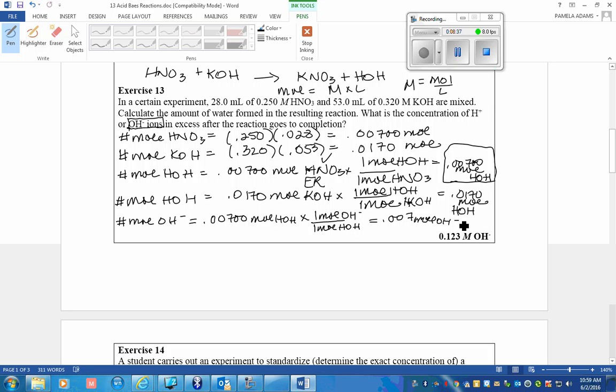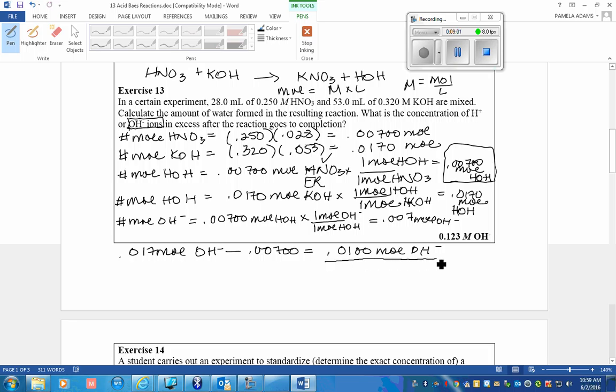So we started out with 0.017 mole of the hydroxide ion, and we used up 0.007 moles in the reaction. So we have left over in the beaker this many moles of the hydroxide ion.